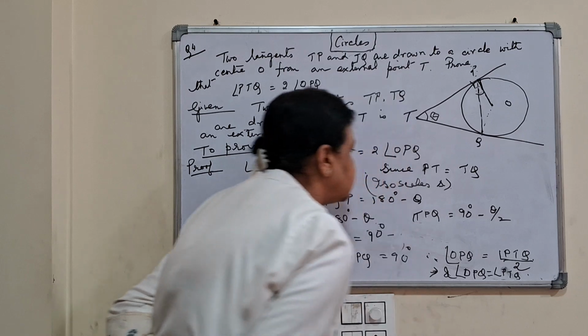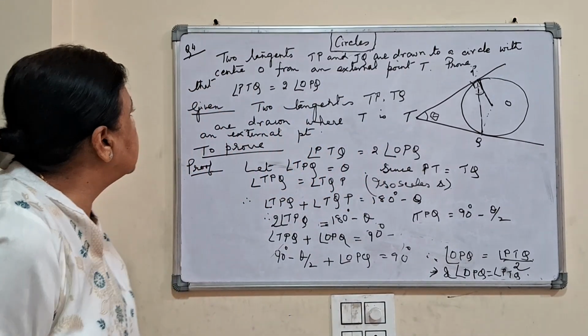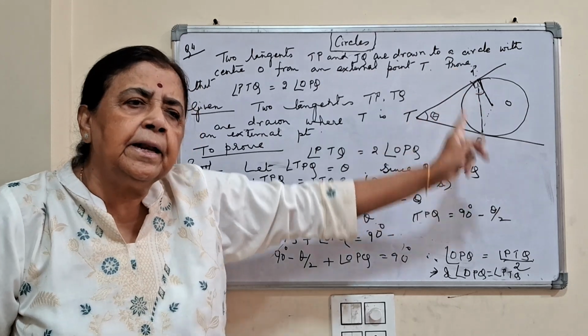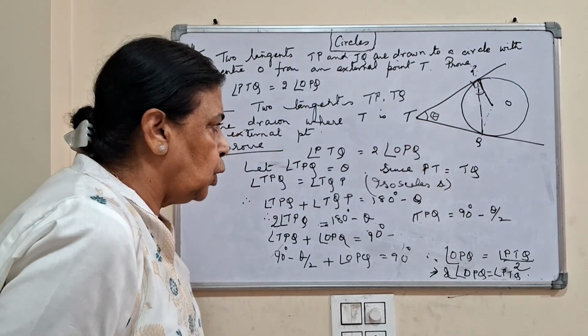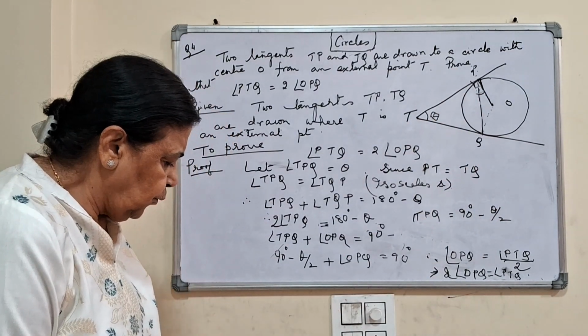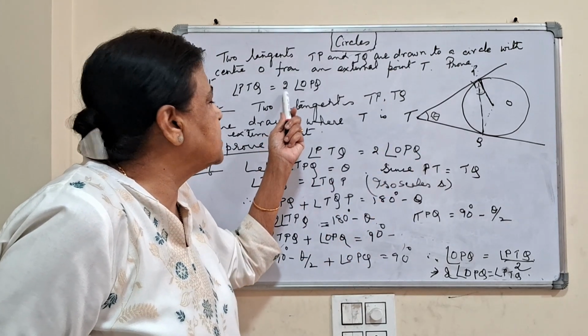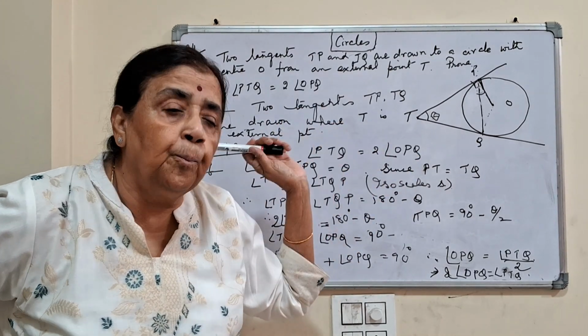I'll explain once again. These are the two tangents drawn from the external point T to P and Q, and PQ is the chord. We have to prove that angle PTQ is equal to twice angle OPQ.